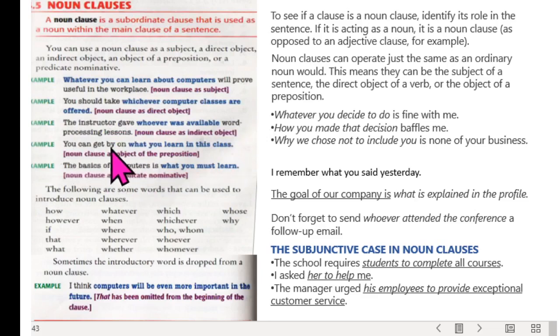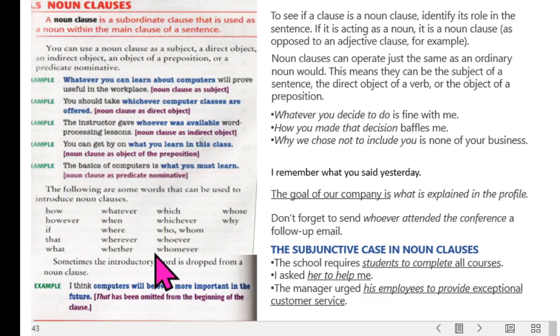Next, you can get by on what you learn in this class. What you learn in this class is the object of the preposition on. As you can see, noun clauses take the place of nouns. Or, better said, they can function as nouns. And you can introduce them with these words here.